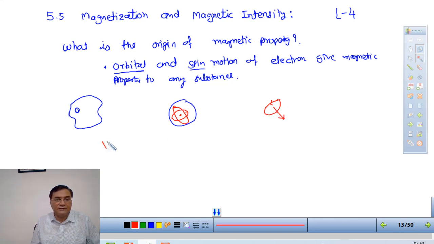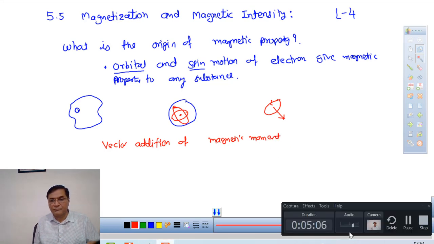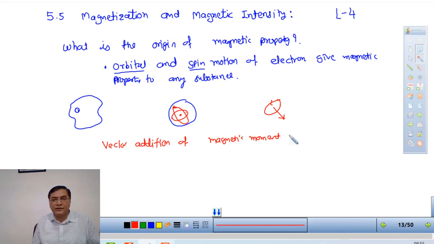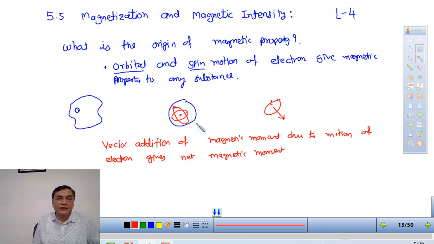So if you add vectorially, the vector addition of magnetic moment due to motion of electron gives the net magnetic moment of the atom, and if you add all these atoms, it becomes bulk.